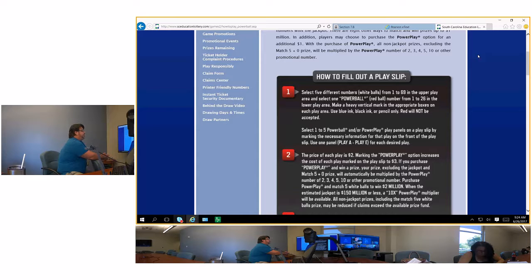You don't have to write down the second part. Just write down that first part: select 5 different numbers from 1 to 69, and the red ball, which is the Powerball, from 1 to 26. Does it say anything about order? Nope. So therefore, this is a combination.